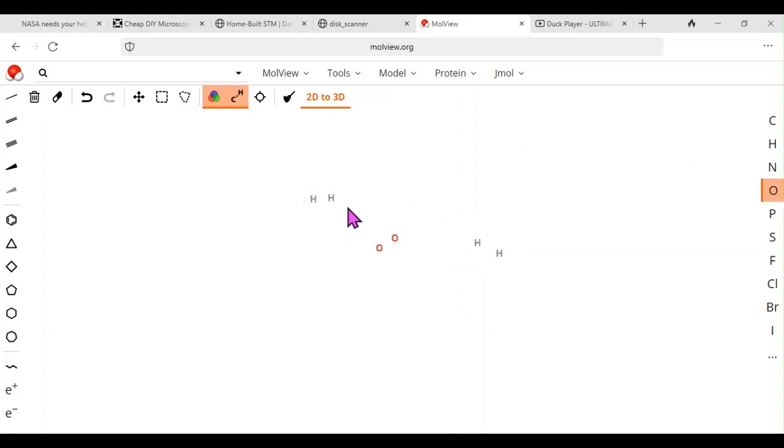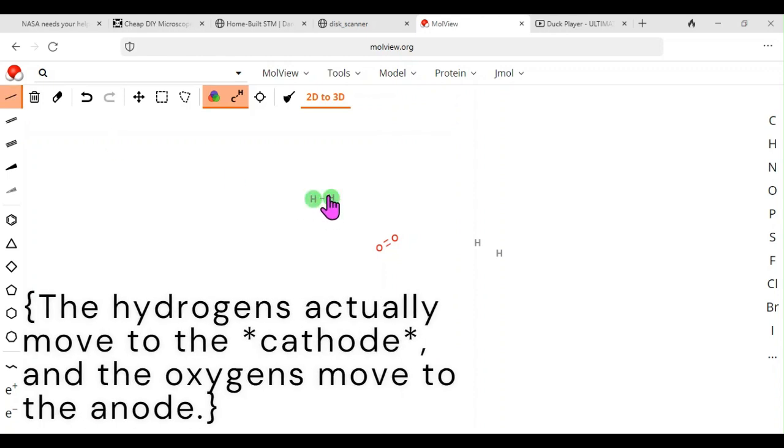The hydrogens which were bonded to the oxygen become gas, and then the oxygens bond together. The hydrogens will go to the cathode, and the oxygen will go to the anode.